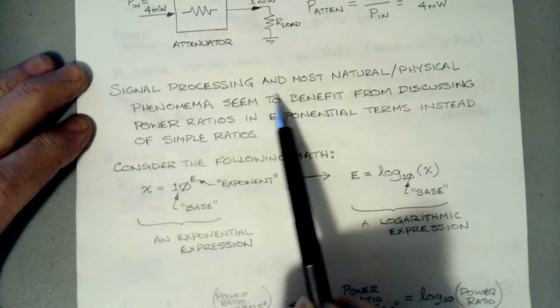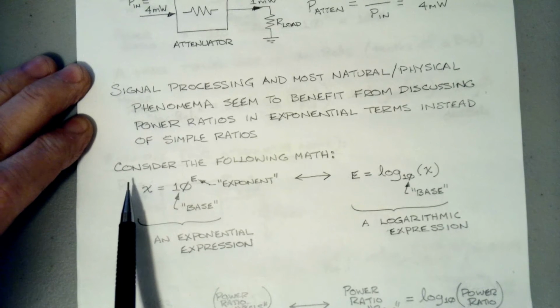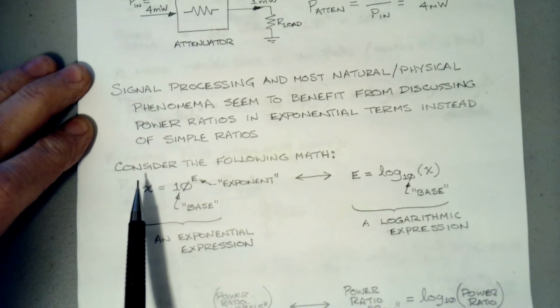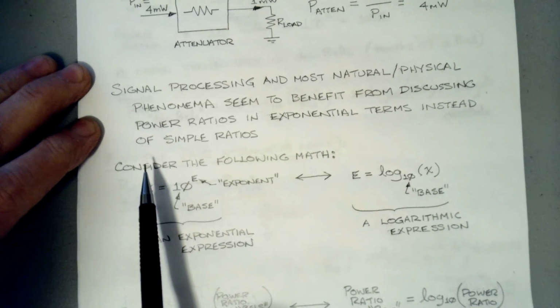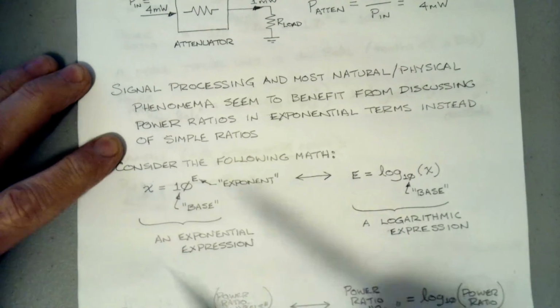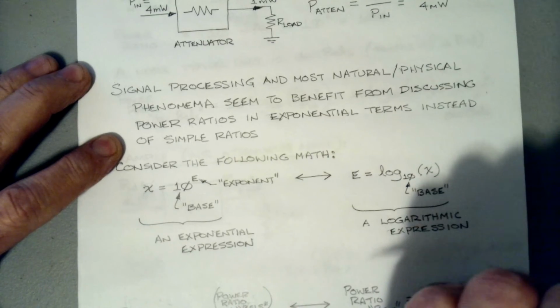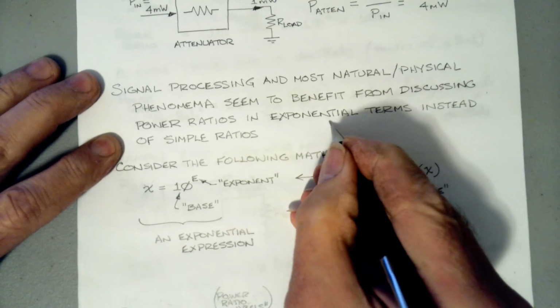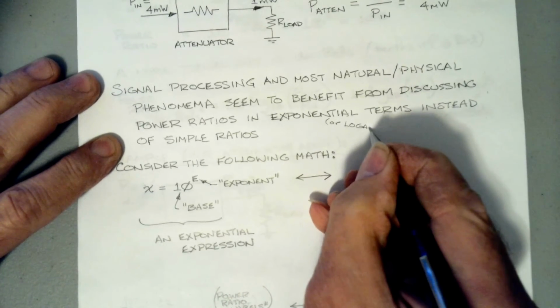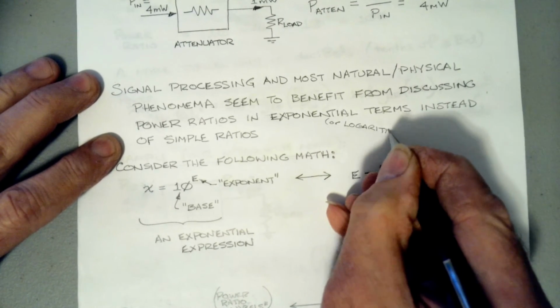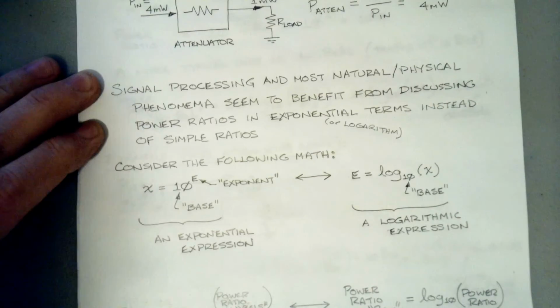Now, signal processing and most natural and physical phenomena seem to benefit from discussing power ratios in exponential terms instead of simple ratios. And I think we could probably say here exponential or logarithmic terms.